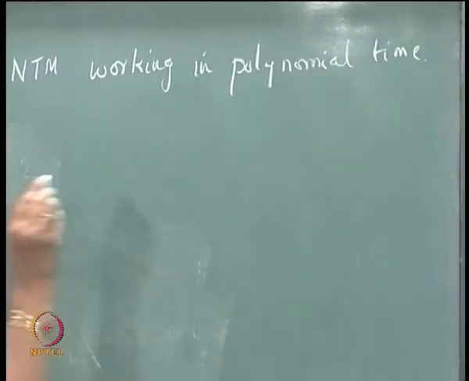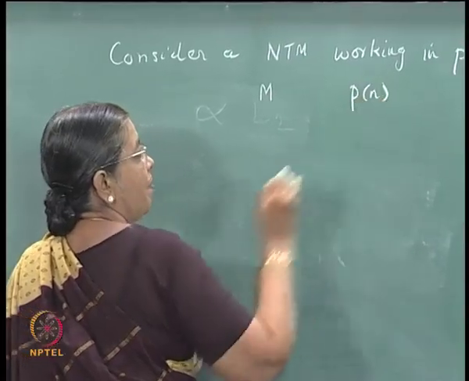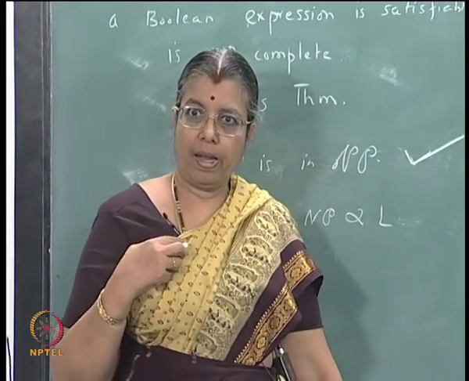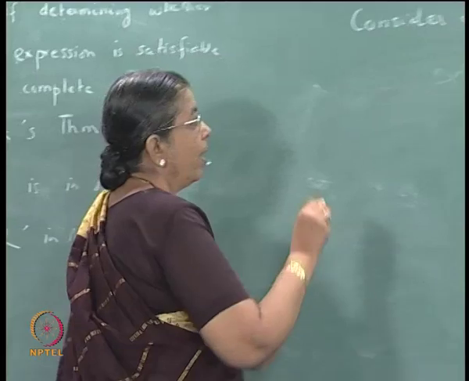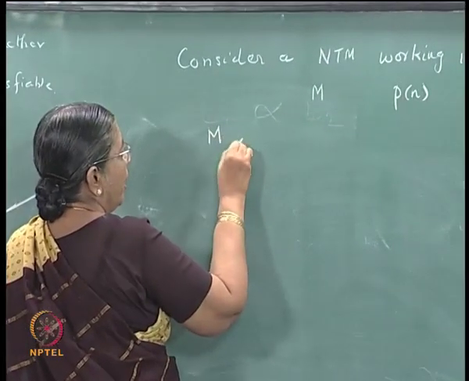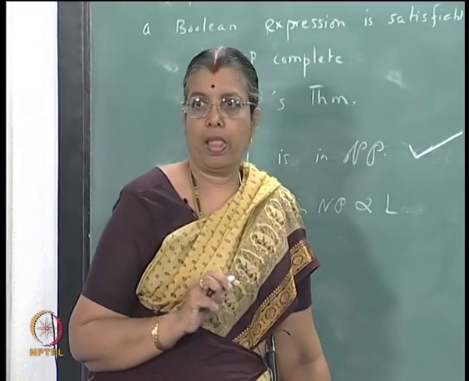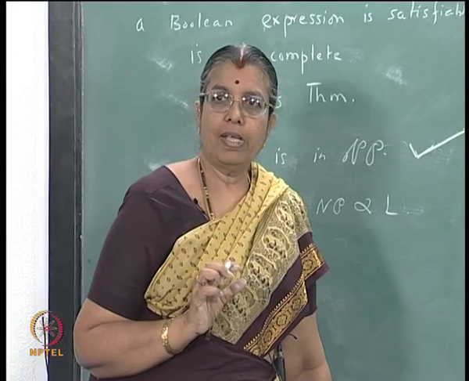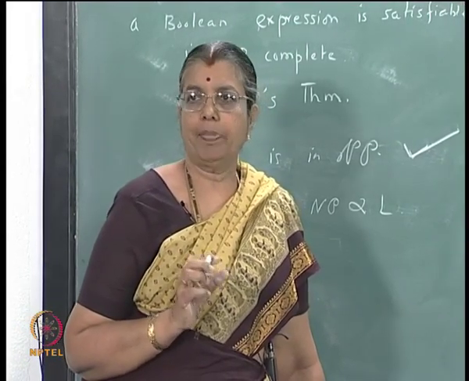So, there is a Turing machine M for which the time complexity is a polynomial P n. Now, given M and input W, M is a non-deterministic Turing machine which will accept W in polynomial time, accept or not.